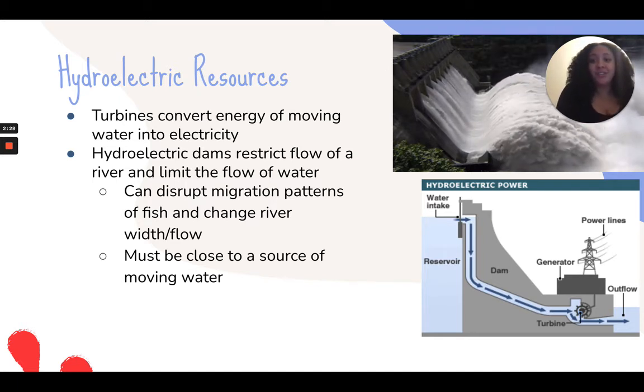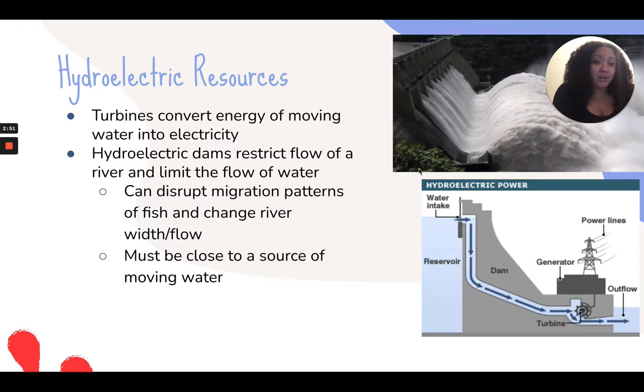So these hydroelectric dams restrict flow of a river and can limit the flow of water. So that's a con. It can limit the flow of water that's naturally occurring. It could also disrupt the migration patterns and can change the river width and flow because it's restricting the flow.